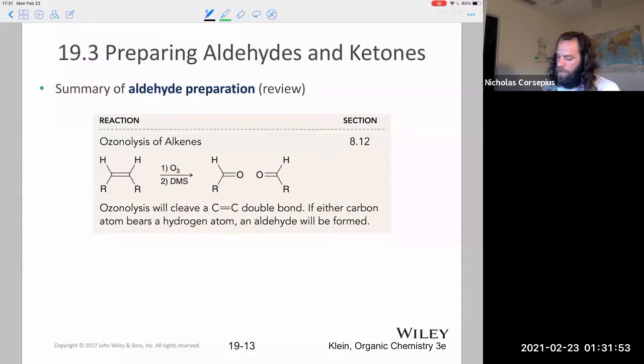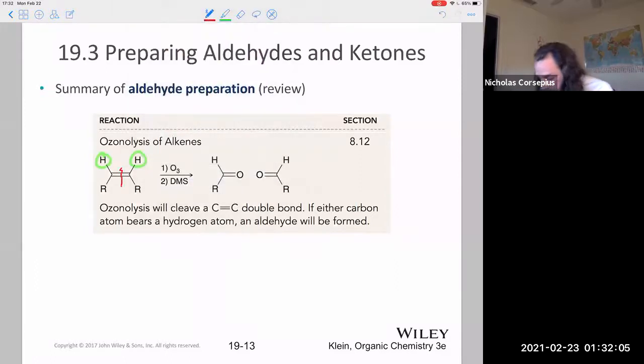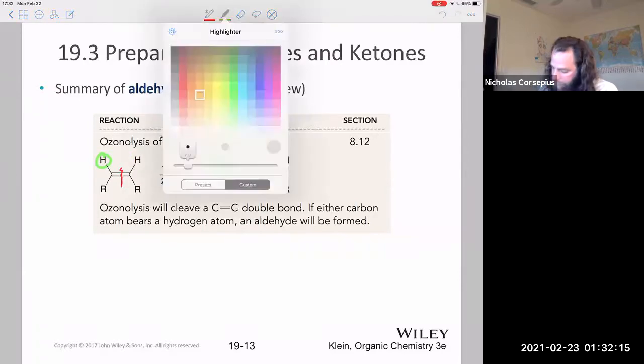We also know how to make aldehydes from alkenes. If you have an alkene where there are 2 hydrogens on either side, then you can use ozonolysis, which remember just cleaves right down the middle and replaces either side with an oxygen, right? So just to color code here, this would be one half of the molecule.